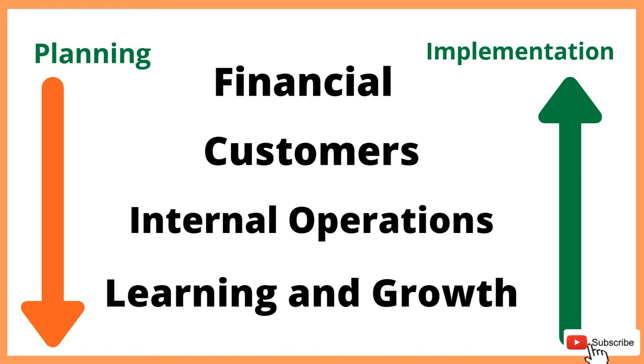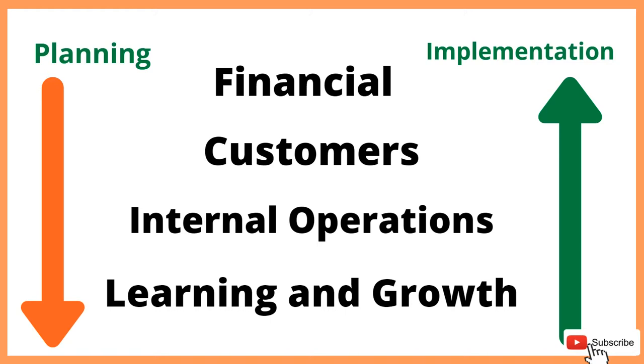And obviously, to do all this, you have to learn, and once you have this, you can grow. The balanced scorecard is planned first of all in the financial part and goes to the learning and growth, and the implementation goes from the learning and goes to the financial part.